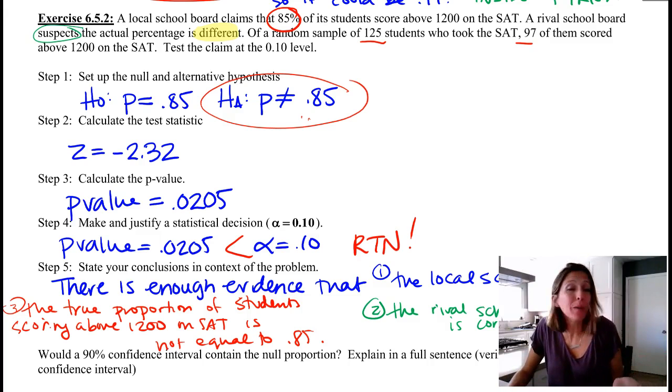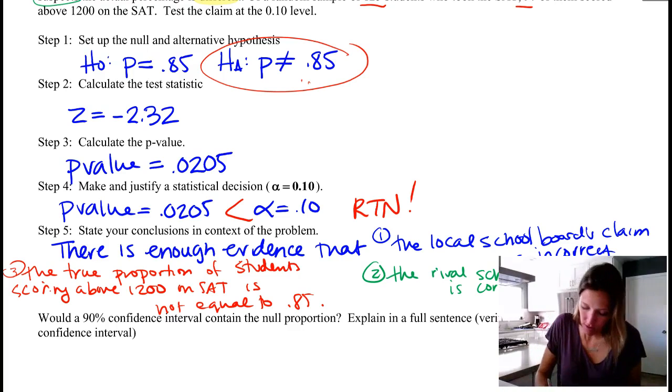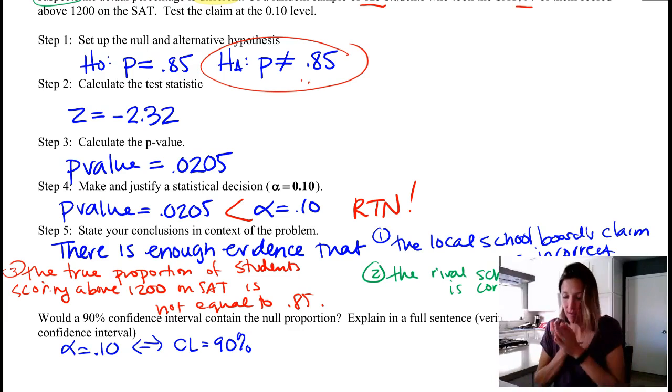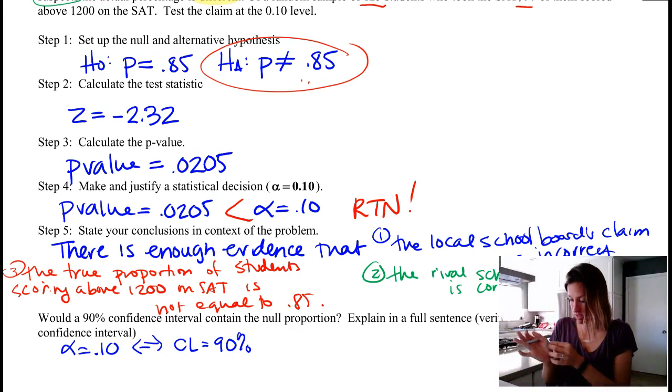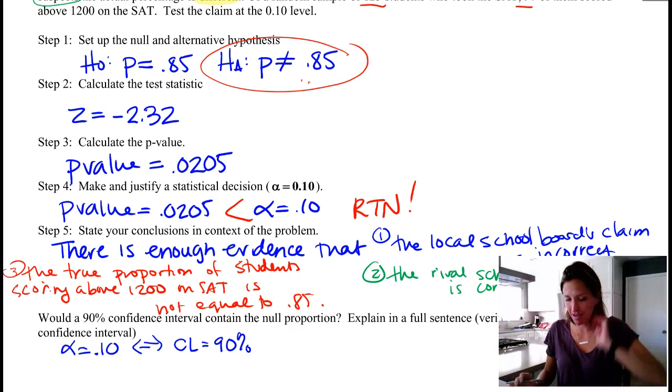And now to get to the real point of this question, which was how does the hypothesis test inform our confidence interval? Since we were doing this with an alpha of 0.10, the corresponding confidence interval would have a confidence level of 90%. And we're just asking, sorry, I have a little fruit fly in here. It's like they've followed me from 418, for those of you in my latest class.